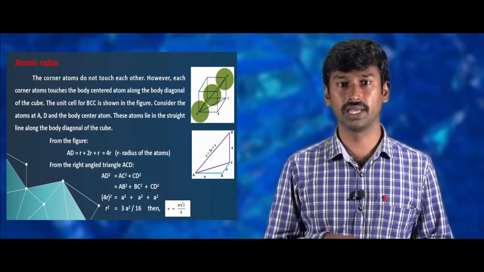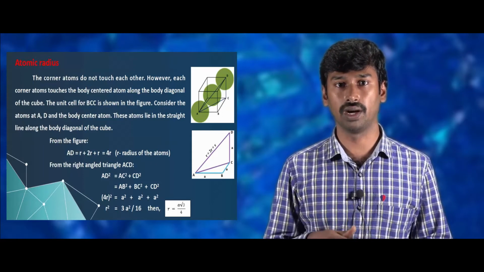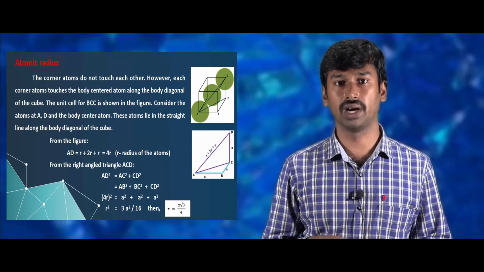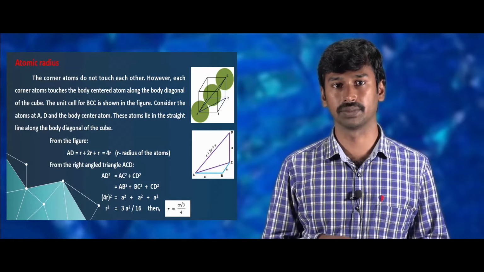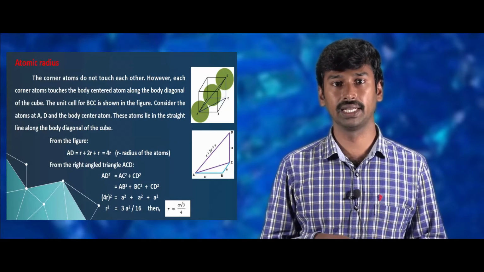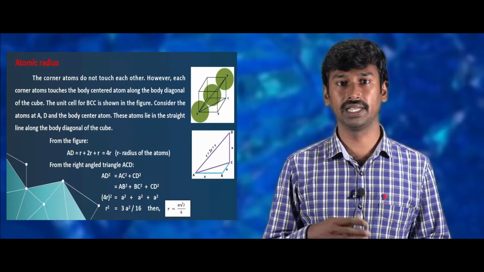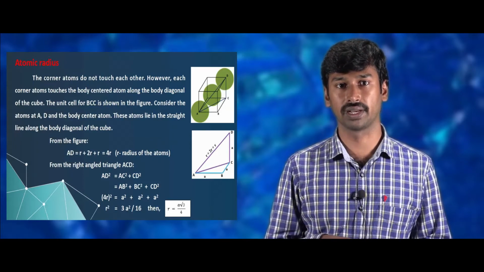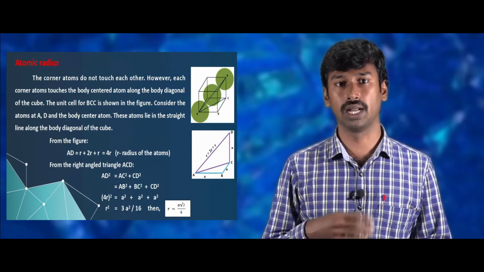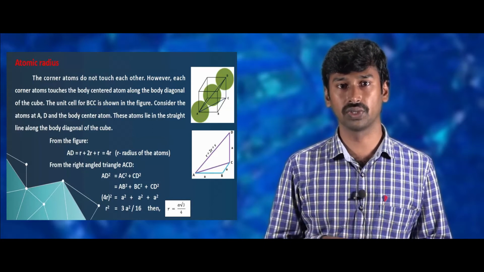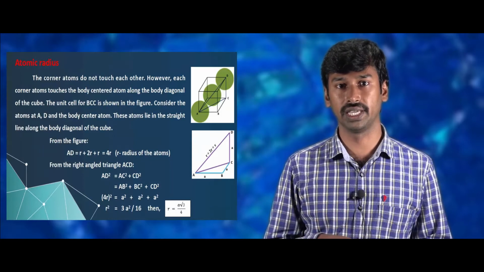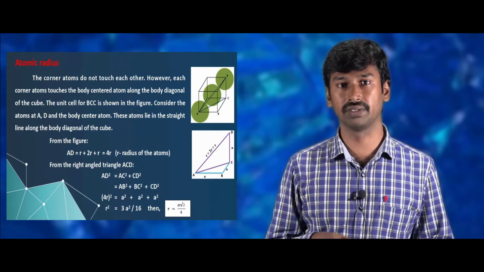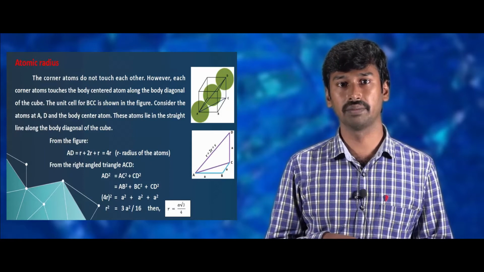Now from this figure, AD is given by r + 2r + r, that is 4r, where r is the radius of the atoms. From the right angle triangle ACD, AD² = CD² + AC². After substituting the values and simplifying, r² = 3a²/16. Then the atomic radius r is given by √3 a/4.